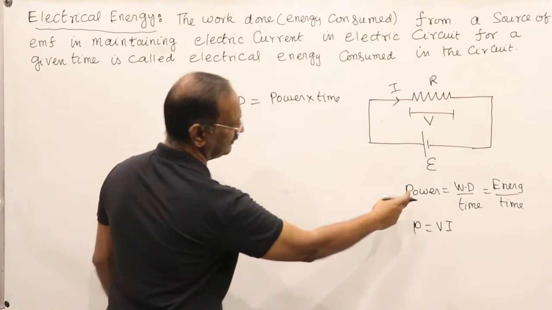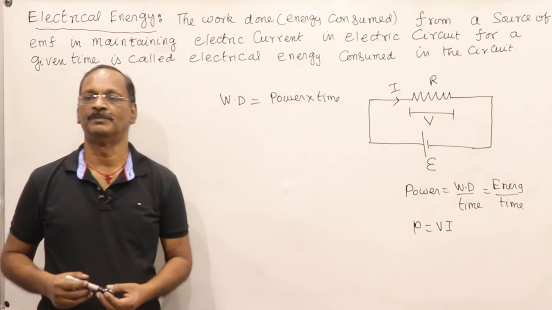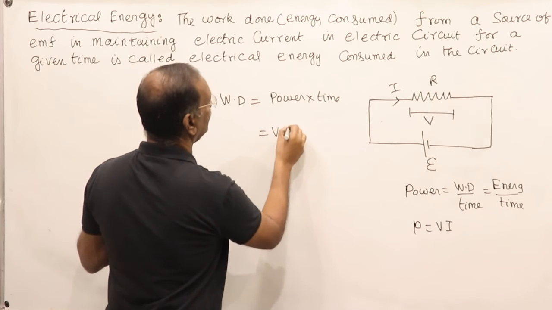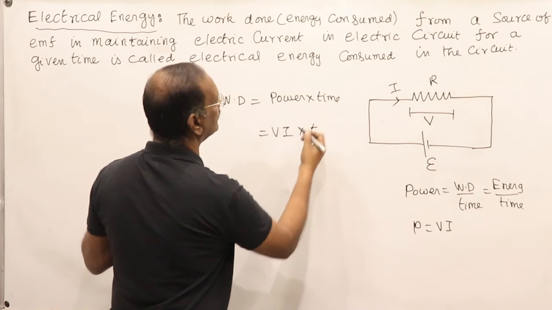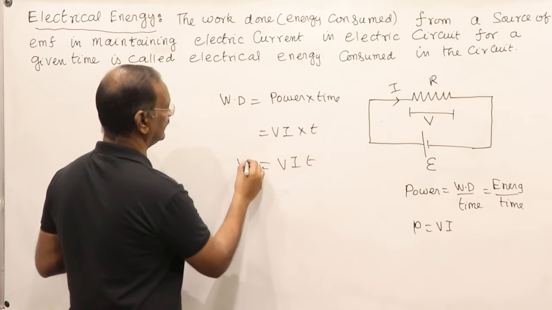See this formula: work done is equal to power into time. Power is V into I, into time T, so VIT is the work done.